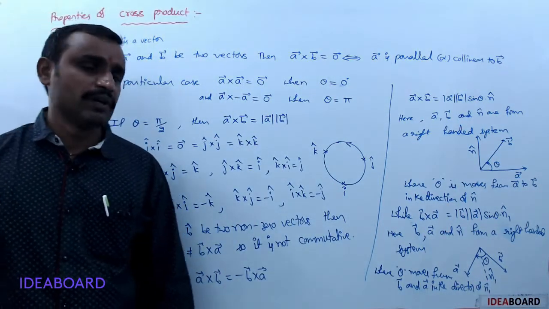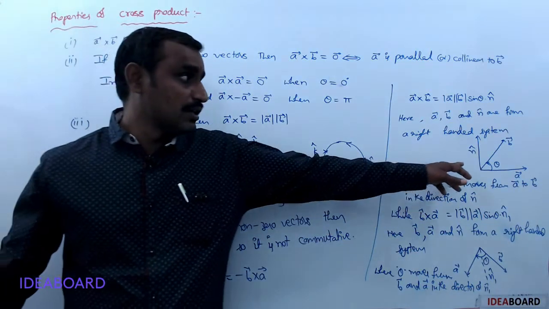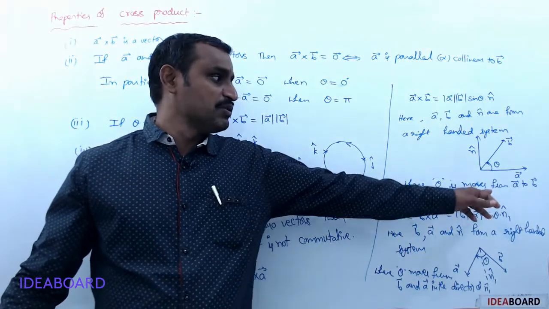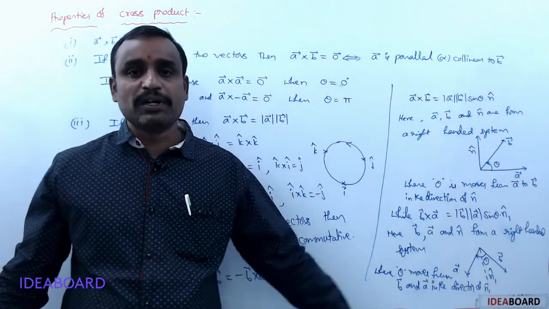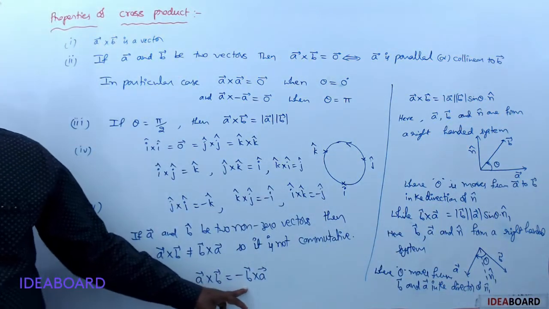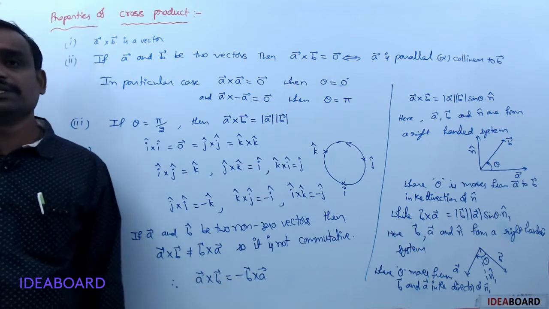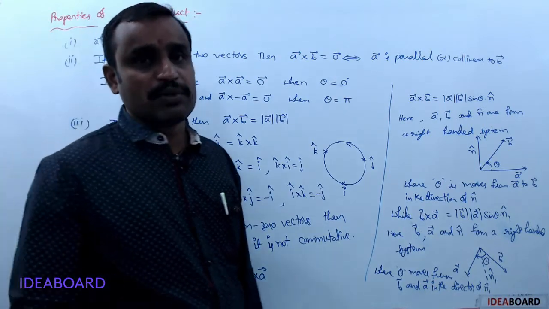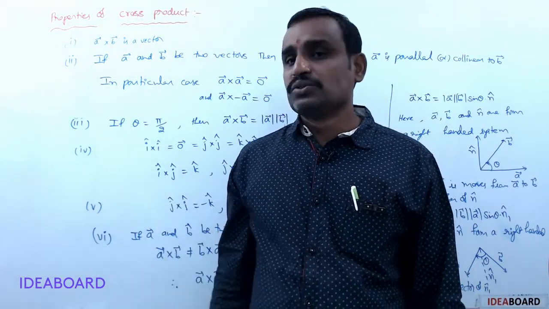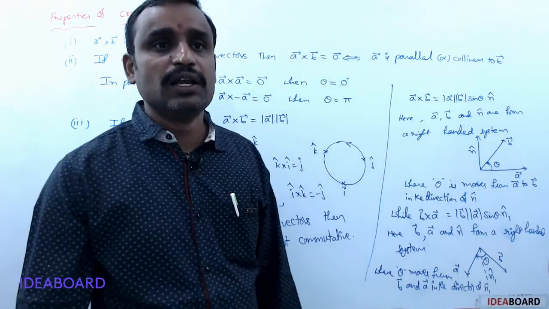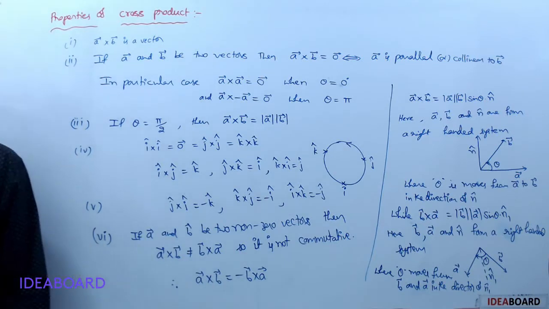A bar cross B bar is the right-hand system, where theta moves from A bar to B bar. Here it is B bar to A bar, so that's why we are getting a negative sign between them. Only then are they equal, otherwise it is not possible in cross product. So these are the most important note points or properties. Note down this. We will discuss the remaining properties of cross product.